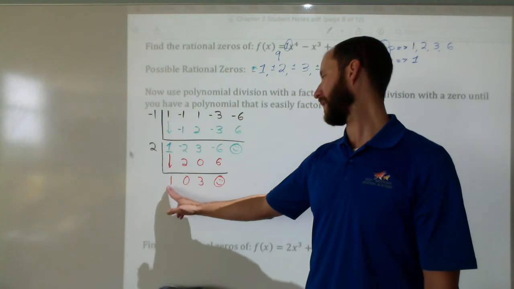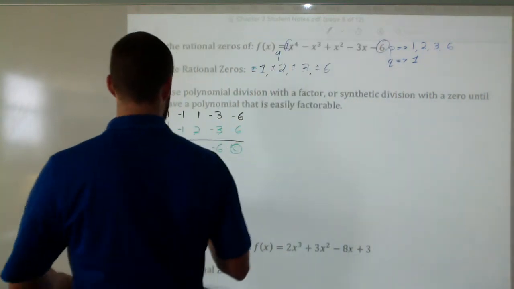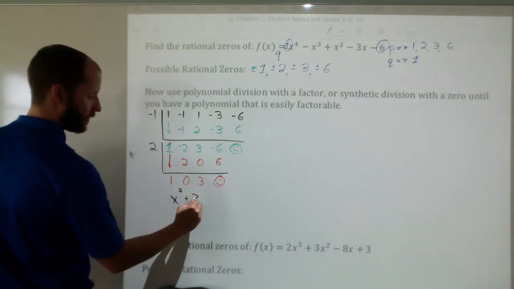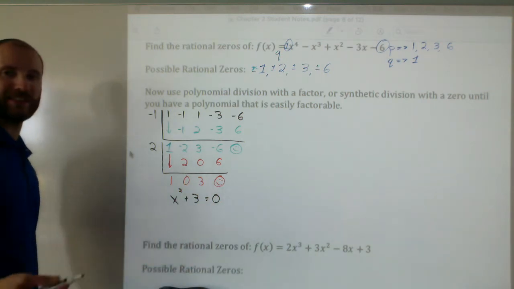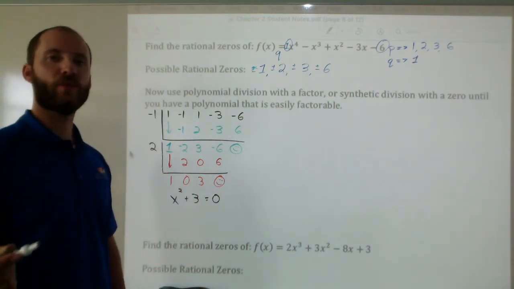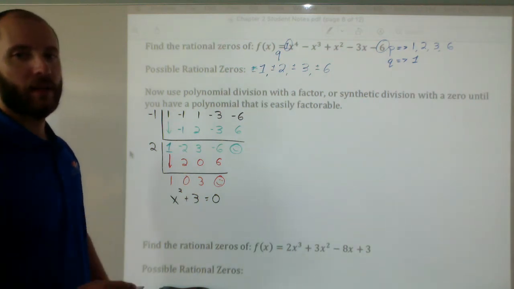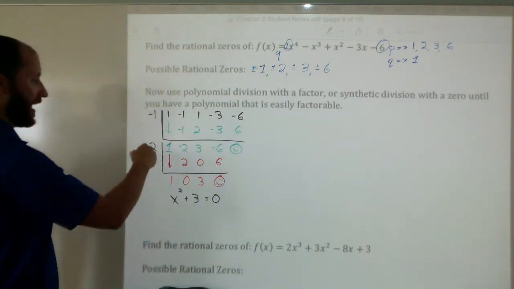Here's my x squared, here's my x, here's my constant. So I have x squared plus 3. Now if I set that equal to 0, I do not get any more real zeros. Now they just said find the rational zeros. I have them right here.